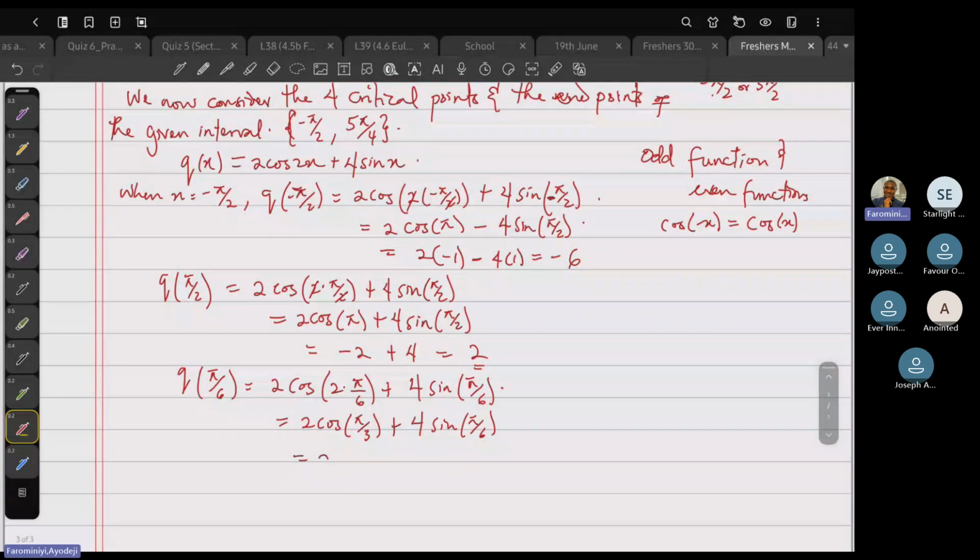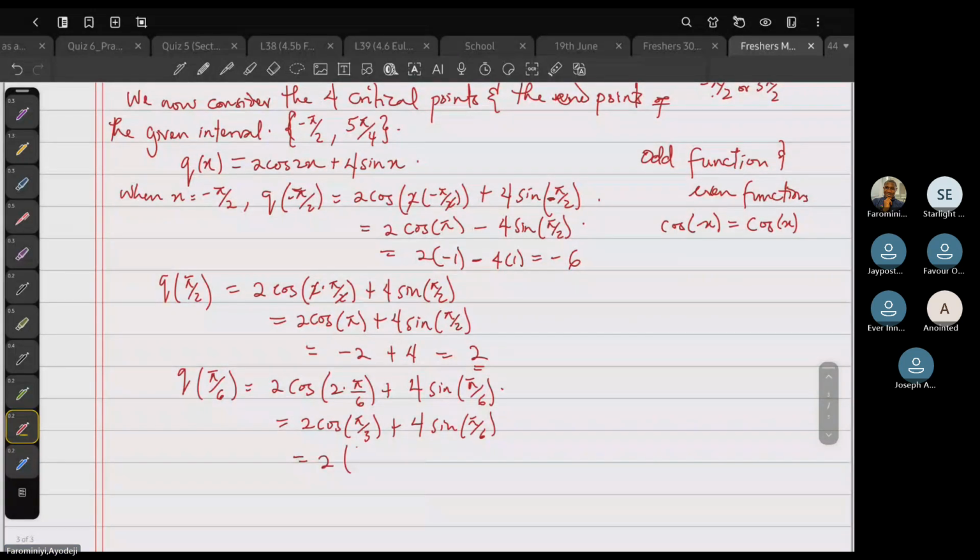Cos pi over 3 should be 1 over 2. Pi over 6 is 30, pi over 3 is 60. So cos 60 is 1 over 2. Yeah, that's correct. And sine pi over 6 is sine 30, that is also 1 over 2. So this is equal to 1 plus 2, and that is equal to 3.